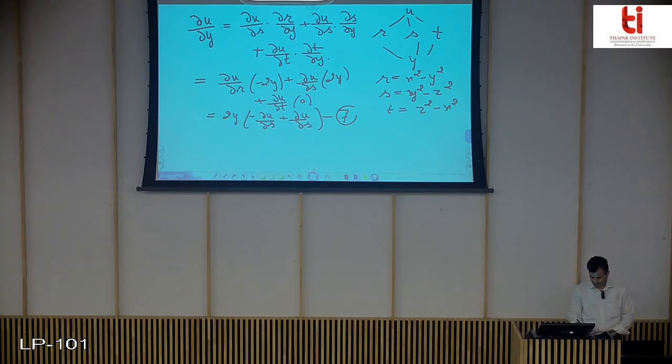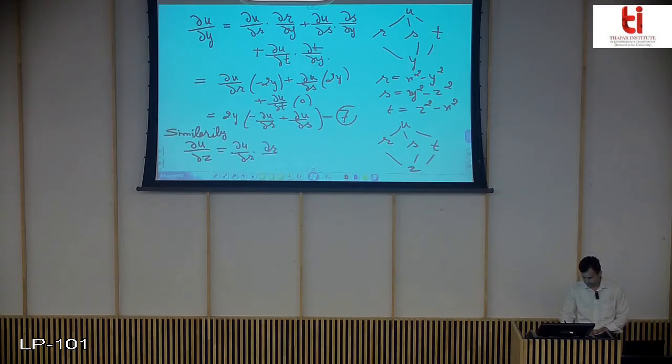Similarly, del u by del z will be del u by del r into del r by del z, del u by del s into del s by del z, del u by del t into del t by del z.